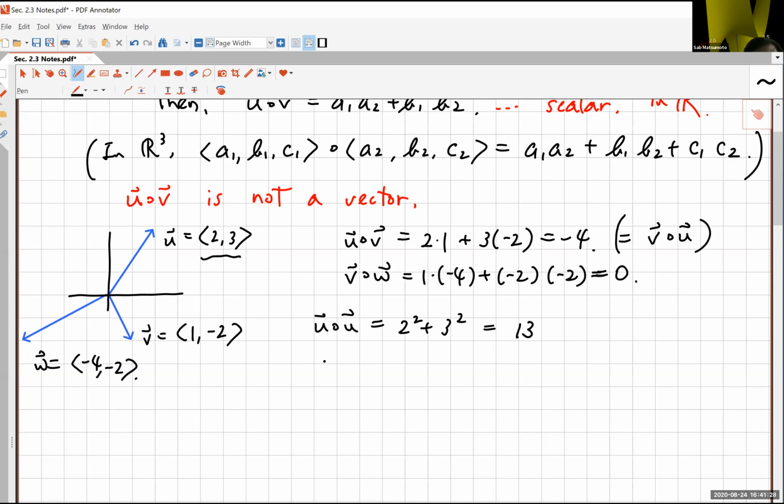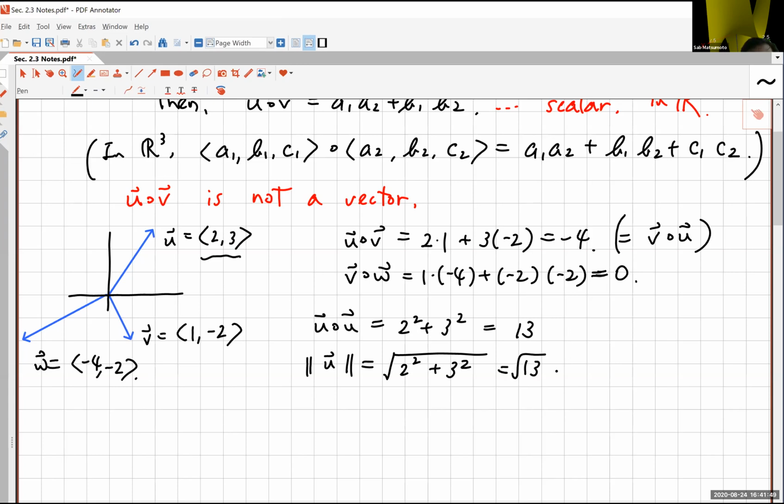Notice here, if you have to find the norm of u, remember from an earlier section, what you do is you take the square root of x squared plus y squared. And that's exactly the square root of the dot product. So it is easy to see from these two calculations.